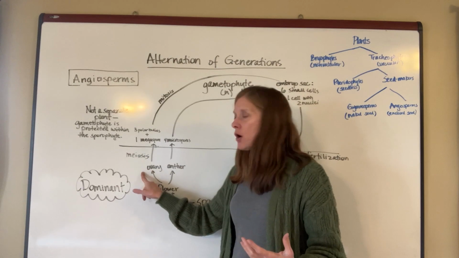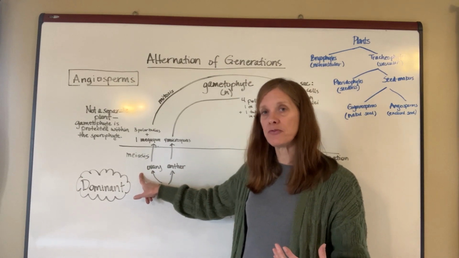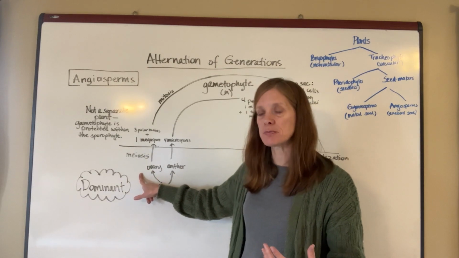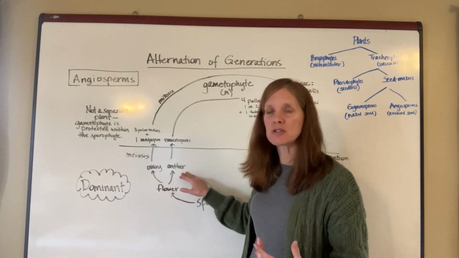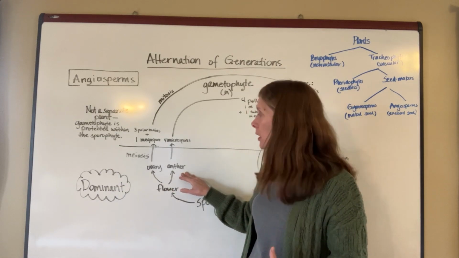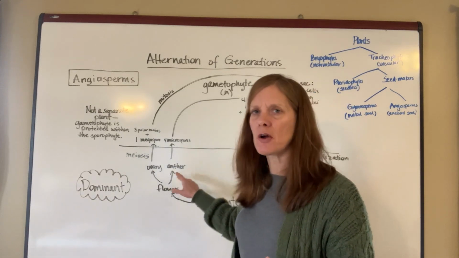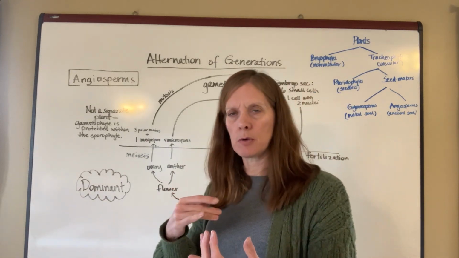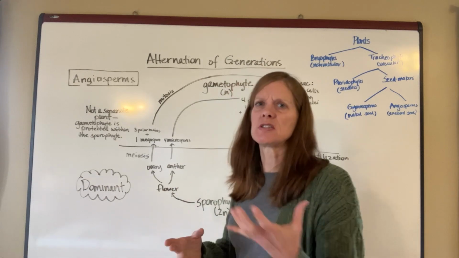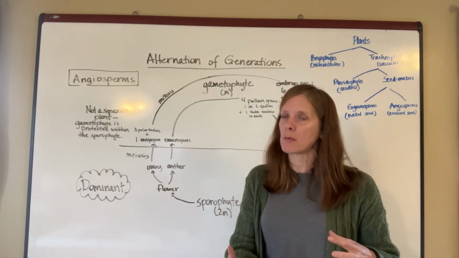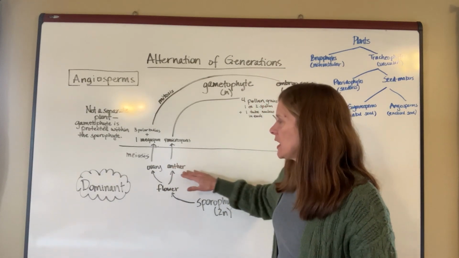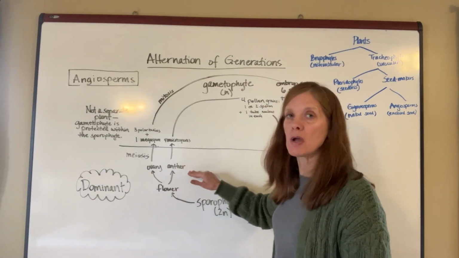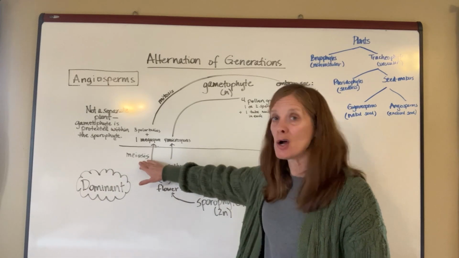You know that the ovary is contained in the female part of the flower as part of the carpel. The anther is a part of the stamen, which is the male part of the flower. You've already read about complete flowers and incomplete flowers and simple and compound flowers. So you've done all that already. So you've got a good background on flowers already. So within your ovary, within your anther, they're going to undergo meiosis.